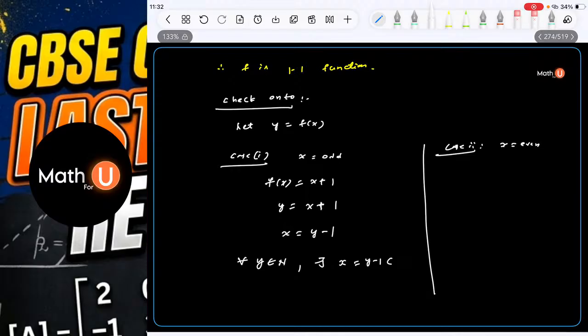See here, we can see x belongs to what? We can express this like this.